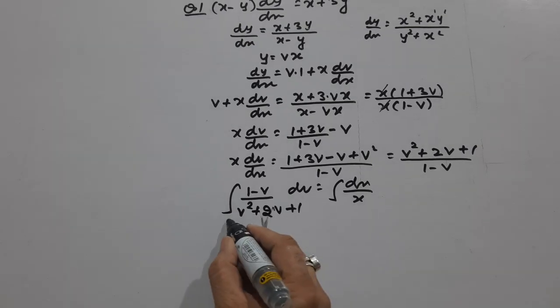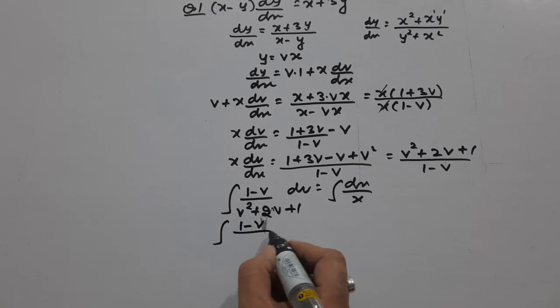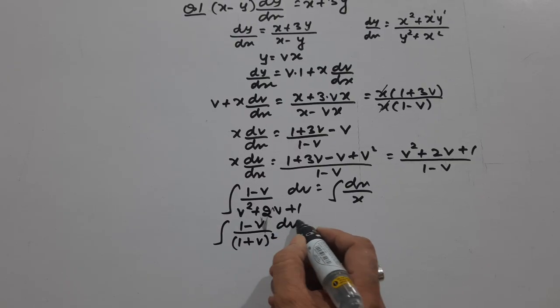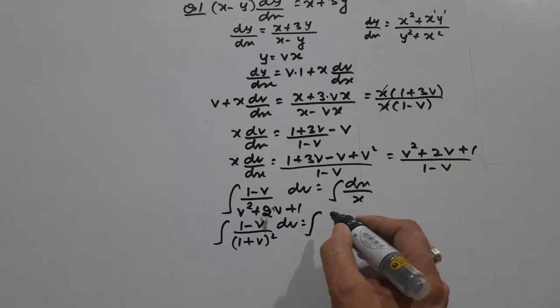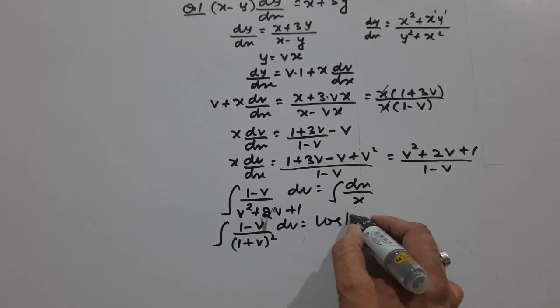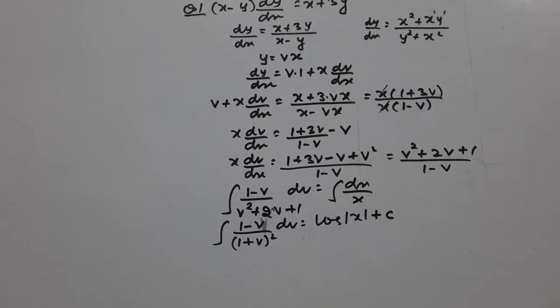Now on separating it we can write it as (1 − v)/(1 + v)² dv = we can integrate this factor. This is log x, 1/x, the integral of 1/x is log x + c.